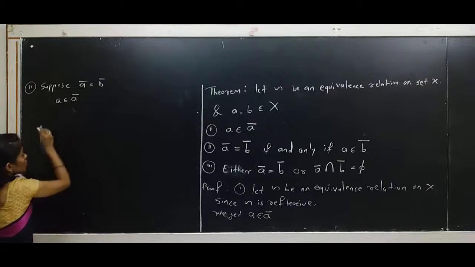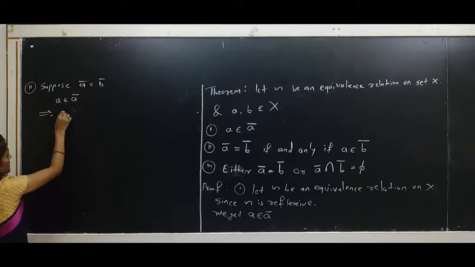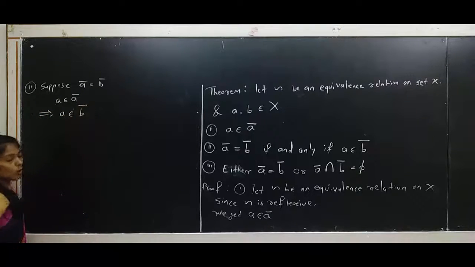So A again belongs to B bar, which implies A belongs to equivalence class of B. Hence first part is proved.